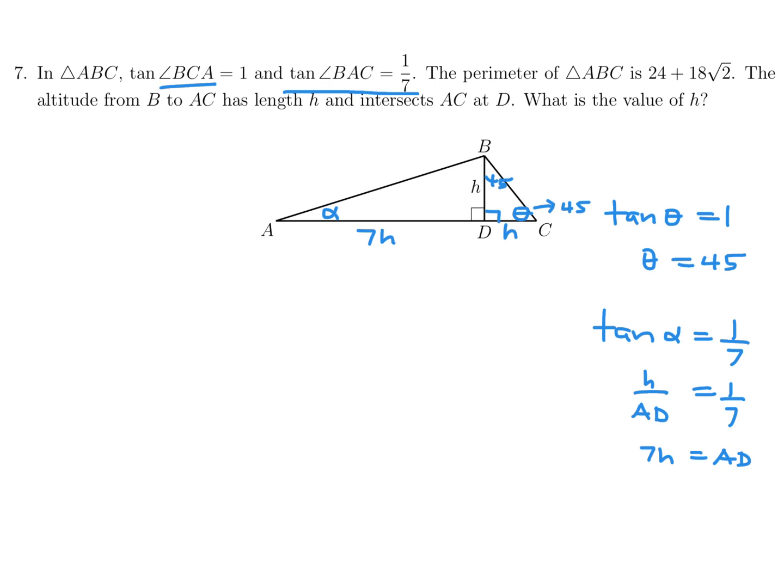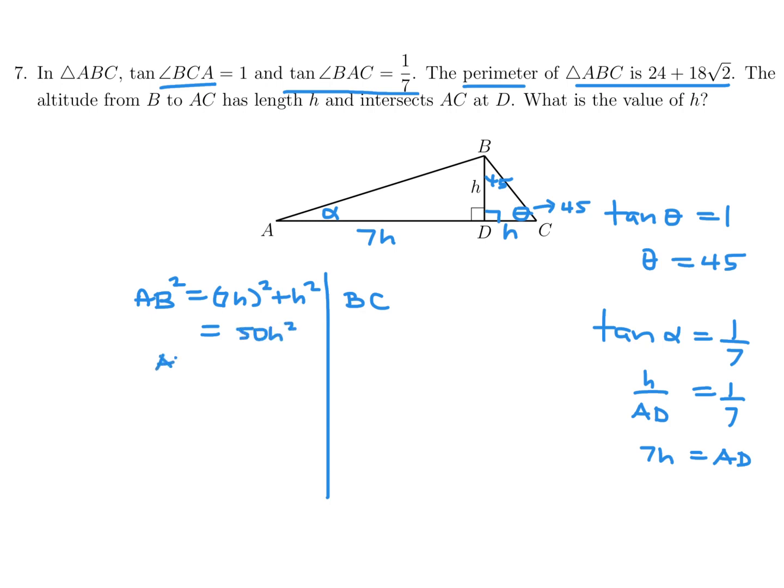Now what are we trying to figure out here? The value of h, and then the perimeter of the whole triangle. So I've got to figure out AB and BC. I should be able to figure that out with Pythagoras pretty easily. AB squared would be 7h squared plus h squared. So that looks like 49 plus 1, 50h squared.